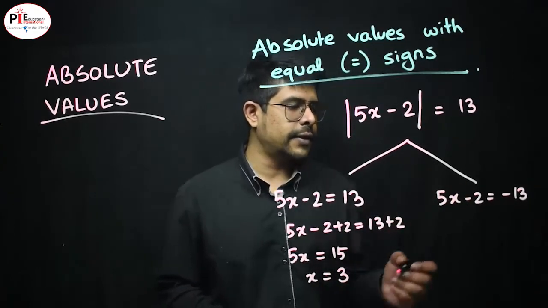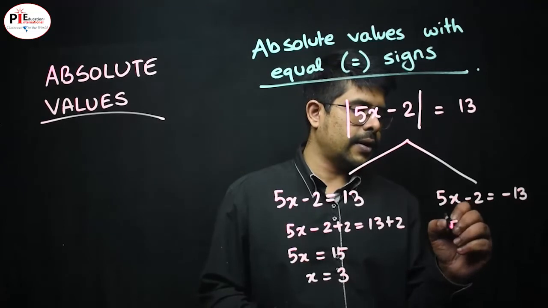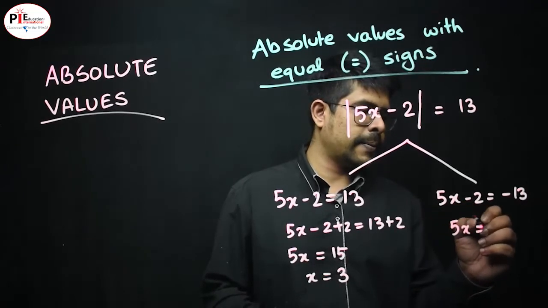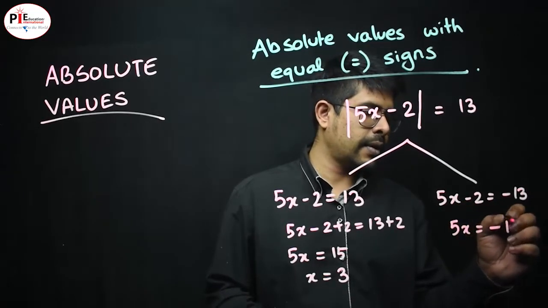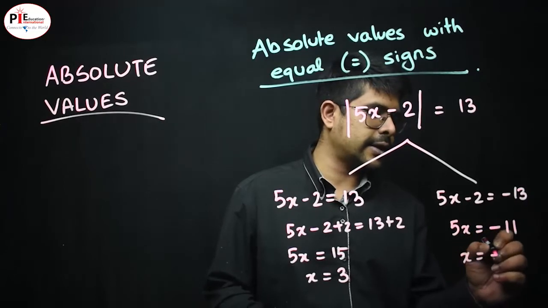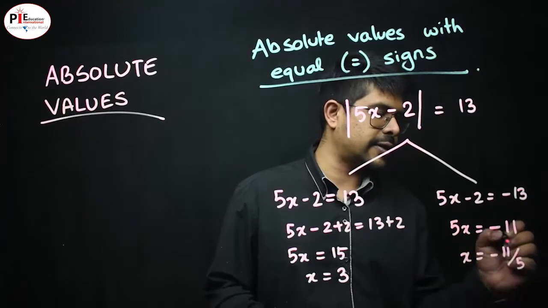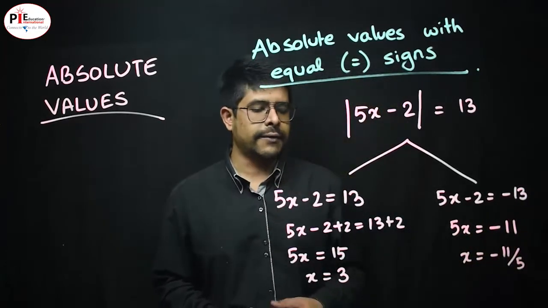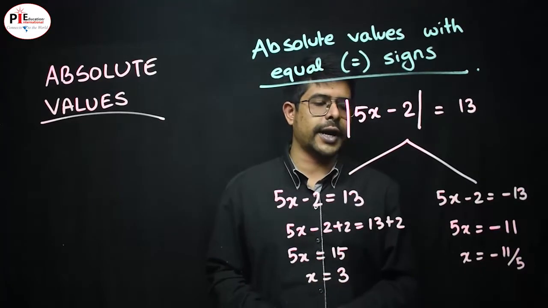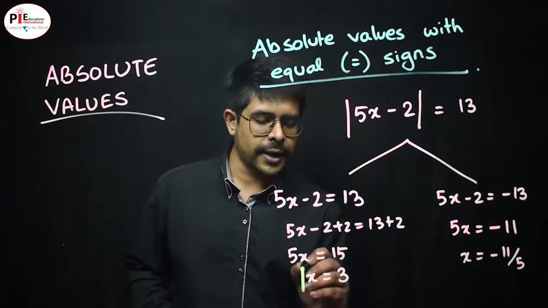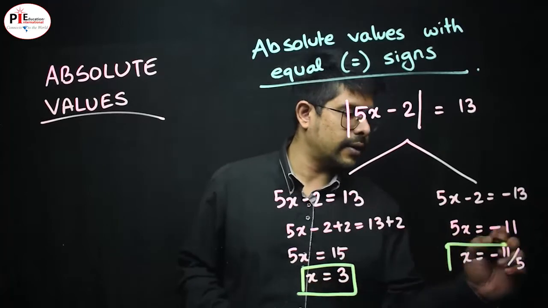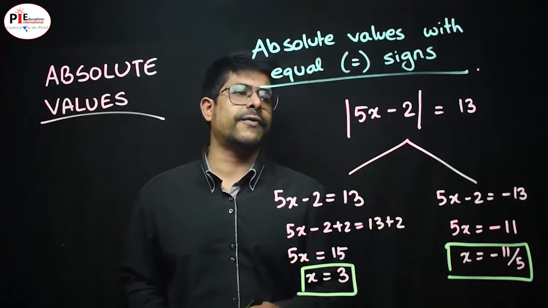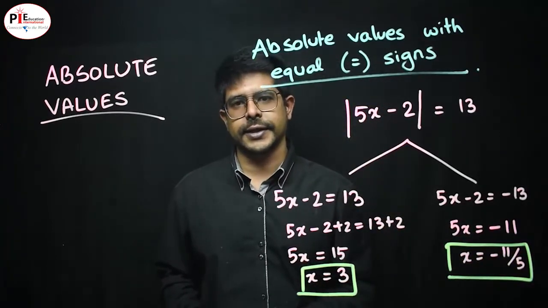And for the negative, we can say 5x equals minus 11, so x equals minus 11 by fifths. So we have the two values for x that would satisfy the absolute value equation 5x minus 2 equals 13.